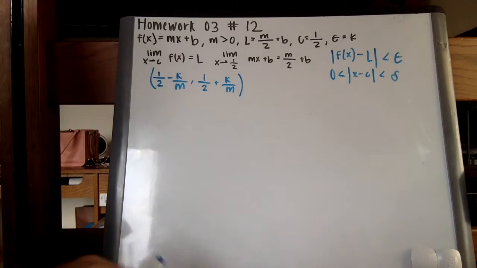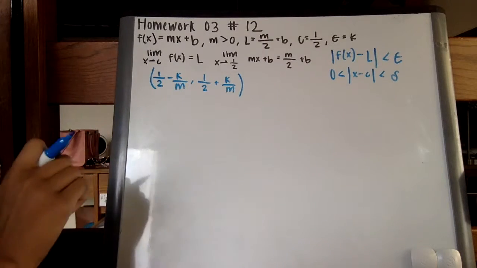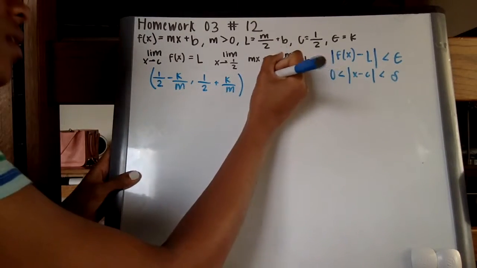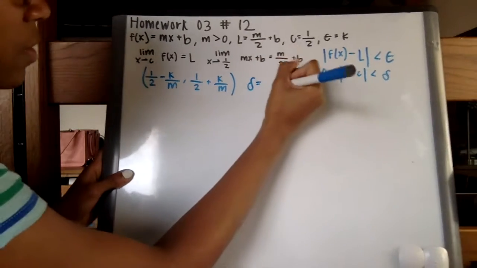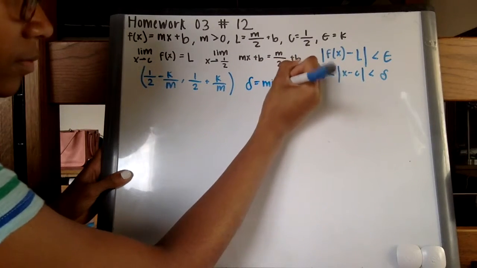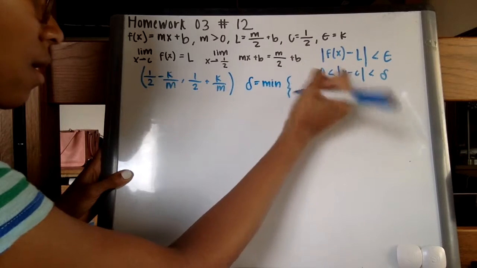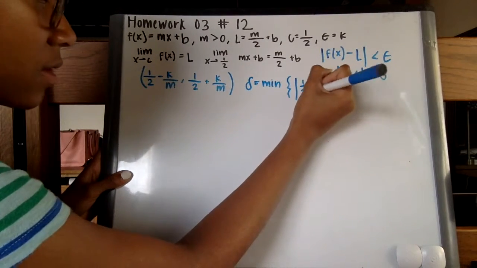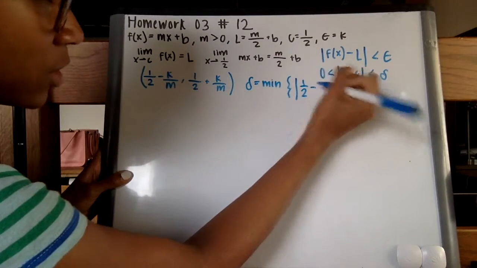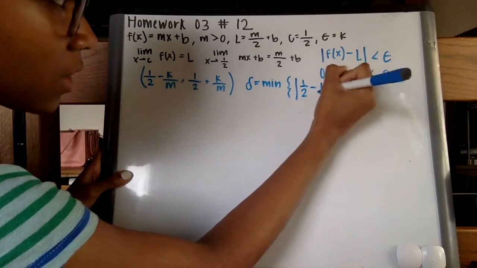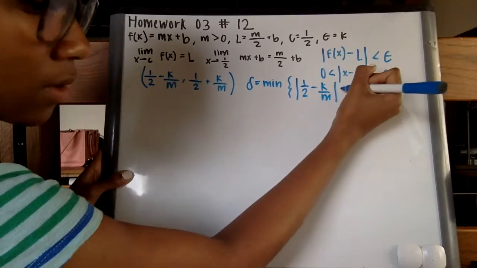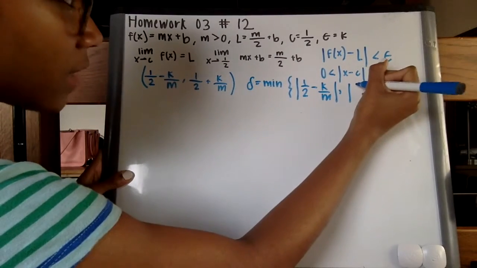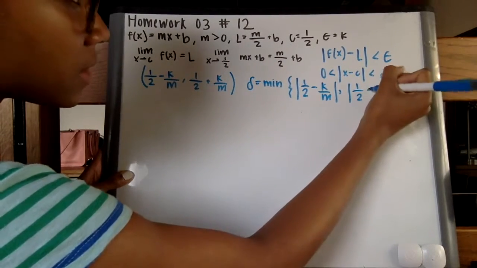To find delta, delta is equal to the minimum of the absolute value of our bounds, which would be either the absolute value of 1/2 minus k over m, or the absolute value of 1/2 plus k over m.